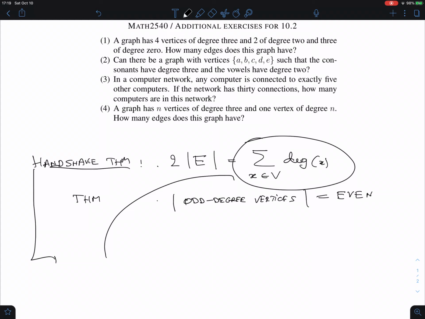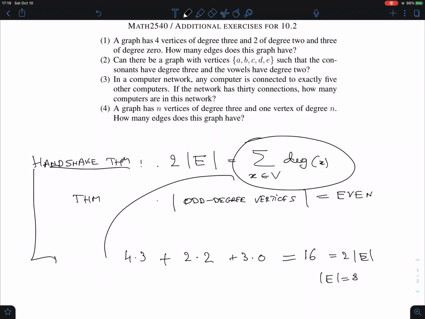There are 4 of degree 3, so the contribution is 4 times 3, plus 2 of degree 2, so 2 times 2, and then 3 times 0. It's a little bit silly to write it, but let's do it. This total sum is 12 plus 4, which is 16. This is equal to 2 times the edges, so the number of edges is 8.